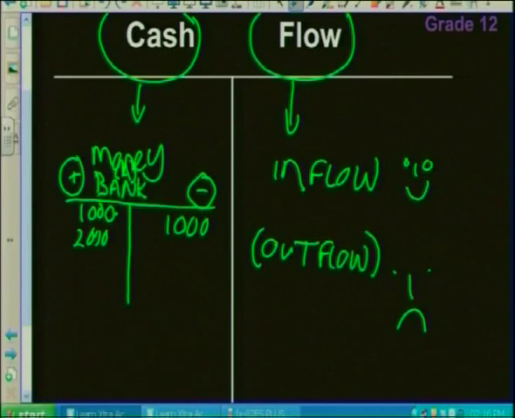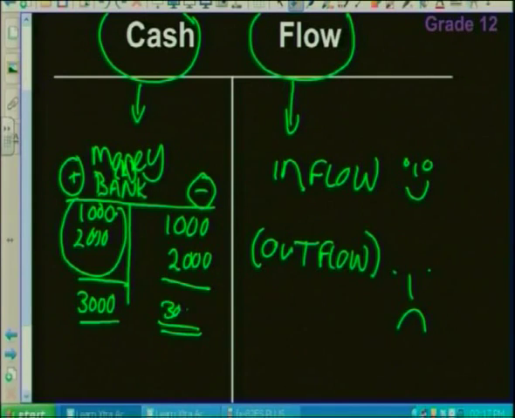At the beginning of the year, I had 1,000 Rand. I then received 2,000 Rand. So in total, I've got 3,000 Rand of cash in my bank. However, I need to subtract my payments or my outflow of cash, which is 1,000 Rand, and I now have a balance of 2,000 Rand in my bank account.